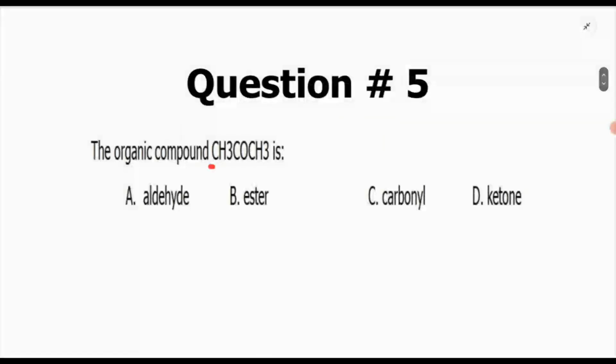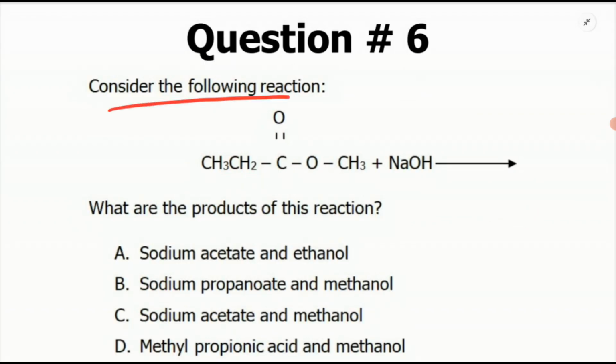The organic compound which is given here is, basically the functional group which is seen in this molecule is A, aldehyde, B, ester, C, carbonyl, D, ketone. Consider the following reaction.